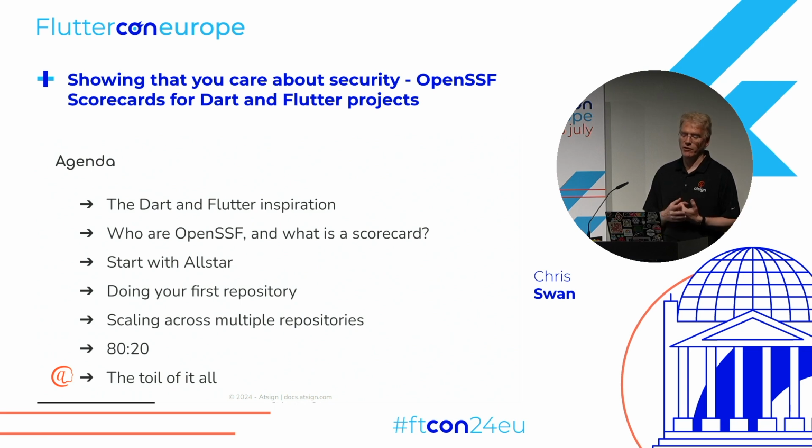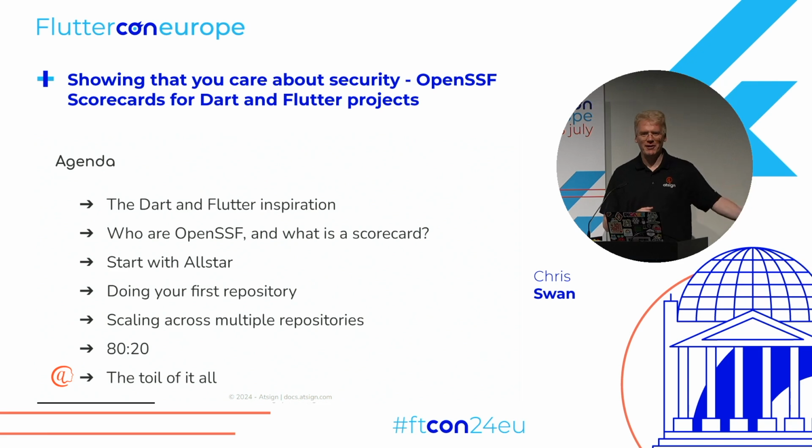I'll move on to who the Open Source Security Foundation are and what a scorecard is. And from that, I'll then recommend that you actually start with a different OpenSSF project. There's a project called All-Star. This was included in the Dart and Flutter material at the beginning. And I think it's a great foundation to lay for doing this kind of work.